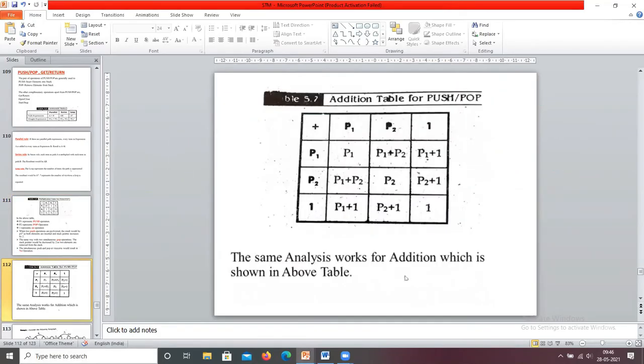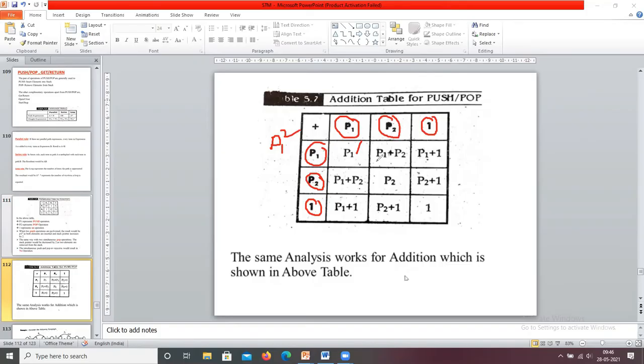This is the addition table for push pop. P1 means push, P2 means pop, 1 means no operation. Similarly, P1 plus P1 is P1 only. Coming to multiplication, we represent this as P1 square.